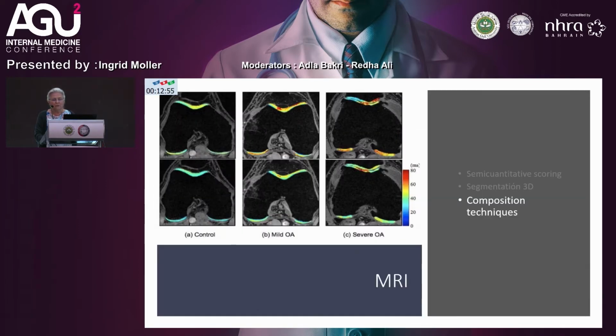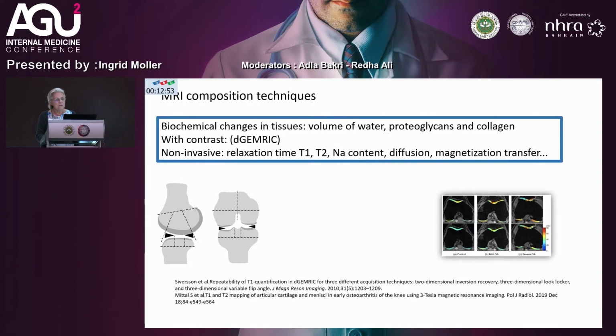And the composition techniques: they give you the clue of the biomechanical or the biochemical changes in the tissue, because they give us information about the volume of water, the proteoglycans, and the collagen.